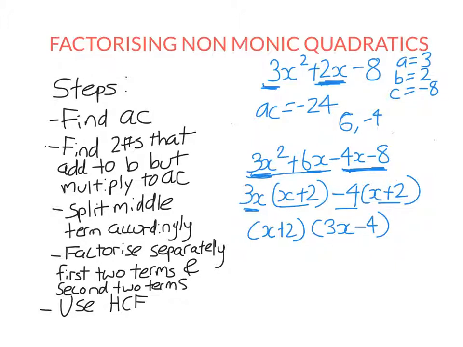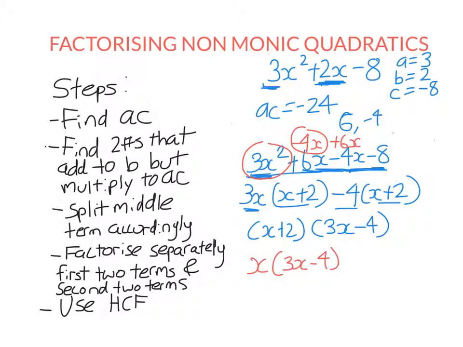Note if I split up the middle term the other way, so let's say I wrote it as 3x squared minus 4x plus 6x, so I put them in a different order, I'd still get the same answer. If I was then going to factorize the first two terms, their highest common factor is x. So I get 3x minus 4.